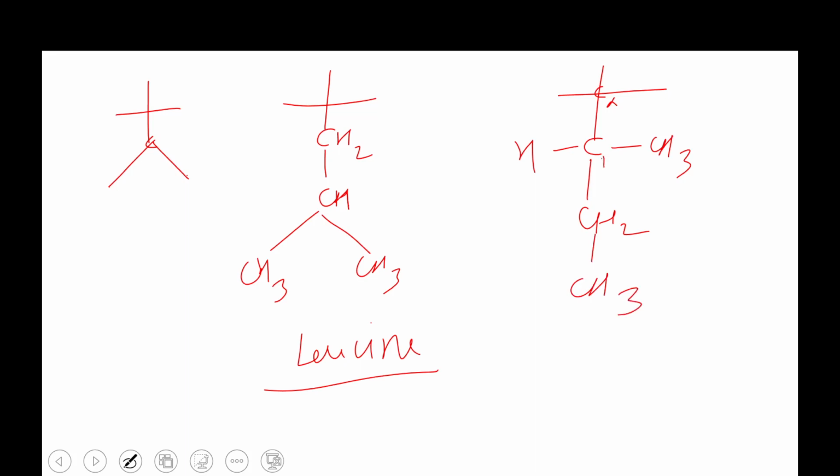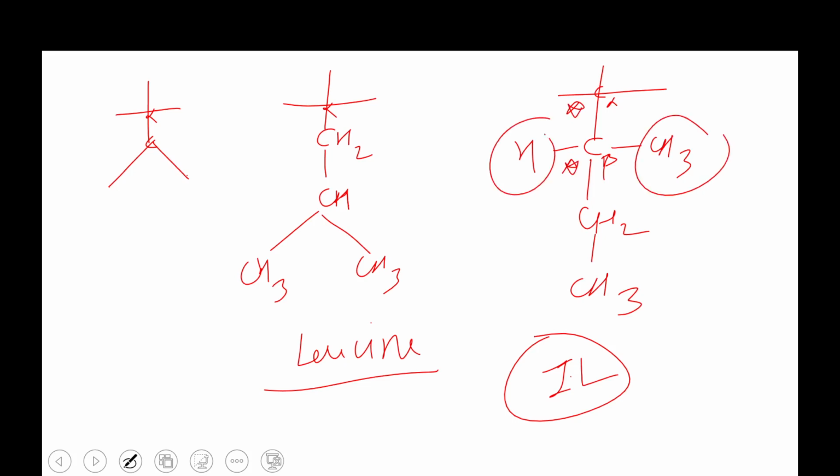This is the beta carbon and that is the alpha carbon. In other amino acids the alpha carbon is generally the only chiral carbon, but isoleucine is the only amino acid where you can see two chiral carbons, this one and also this beta carbon, which has four different moieties attached.